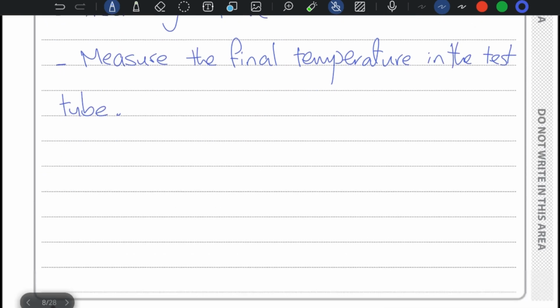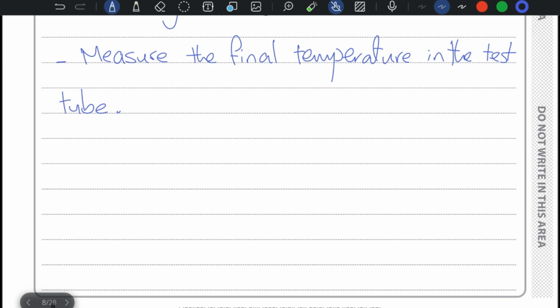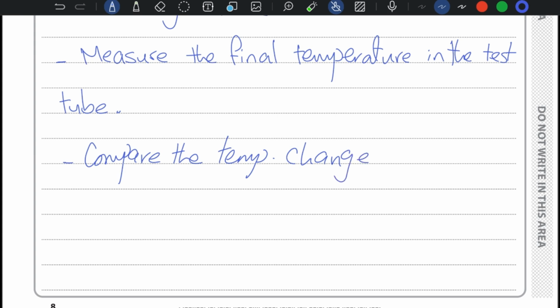What else will we do? We have to compare the temperature change. As we just mentioned, magnesium is more reactive than zinc than iron.